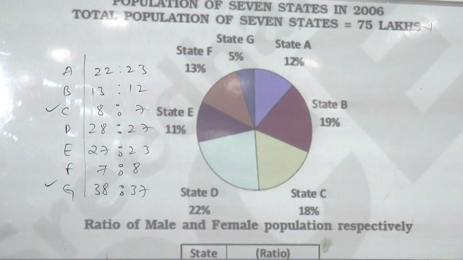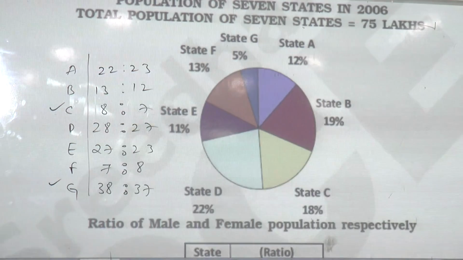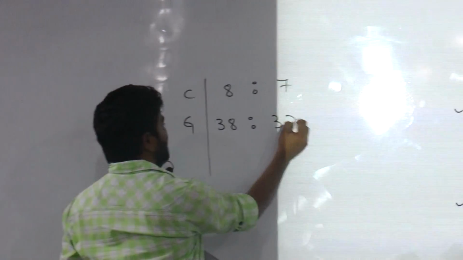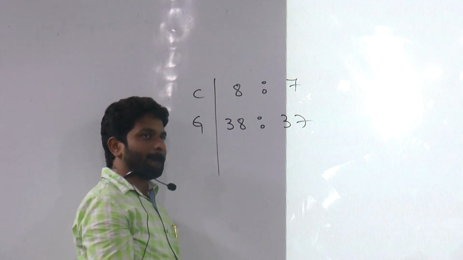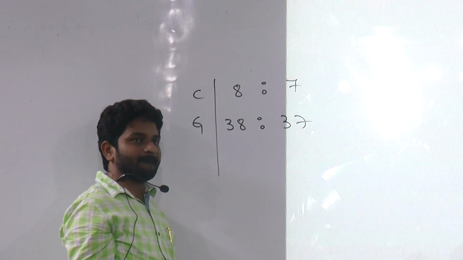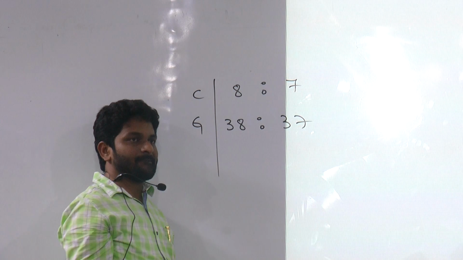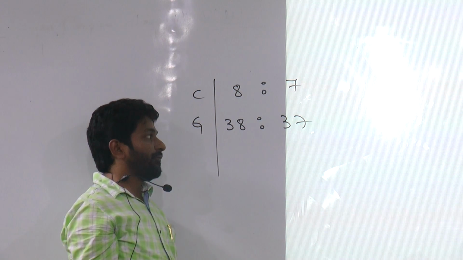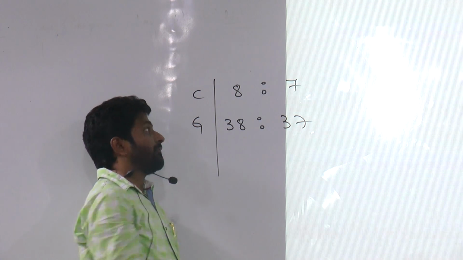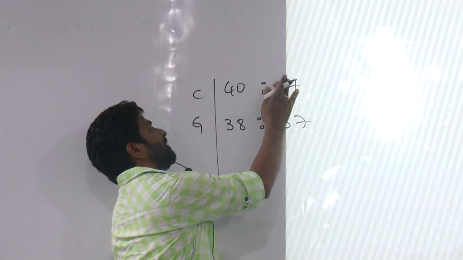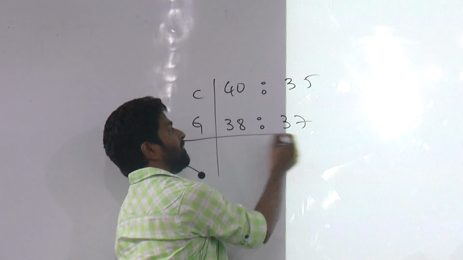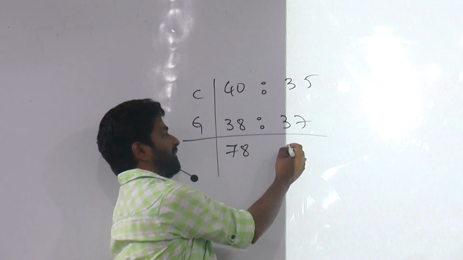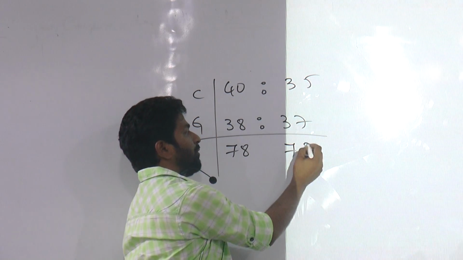From C we have 8:7, and from G we have 38:37. 15, 75, 5 times 40, 35, 78, 72.